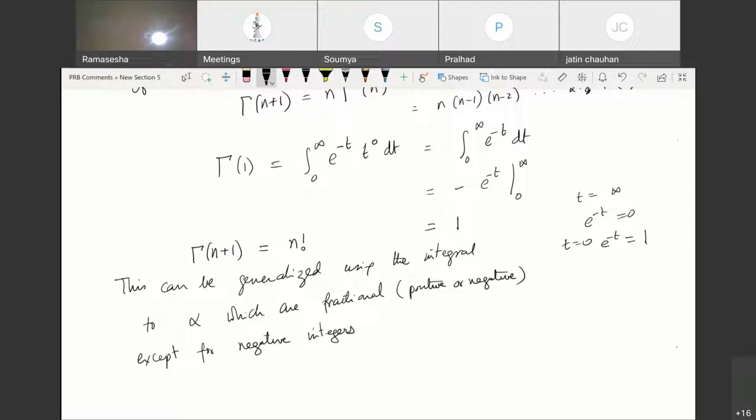You cannot generalize it to negative integers, but otherwise you can generalize it to alpha values which are either positive or negative. So these are basically ways of defining the differential.